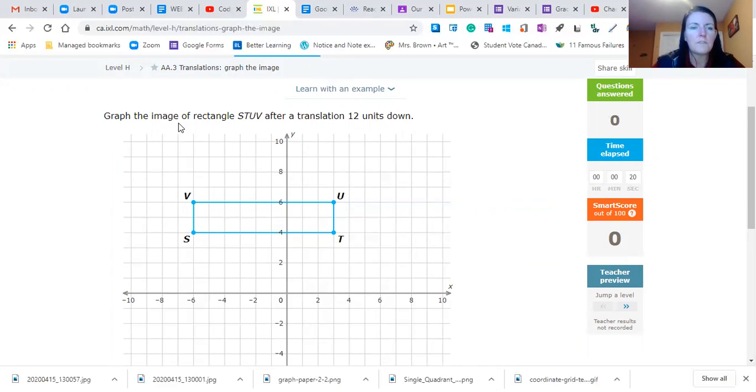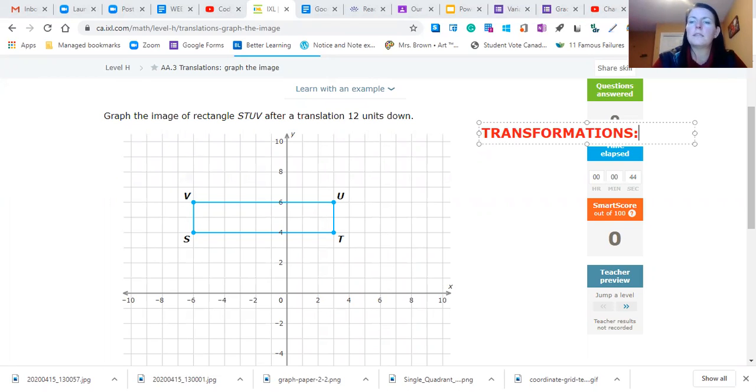It says, graph the image of rectangle STUV. That's its name in order, S, T, U and V, after a translation. And remember that the word we need to remember with translation is, let's just write them all down to remind ourselves. So we've got transformations, which is the heading of all three of these things.